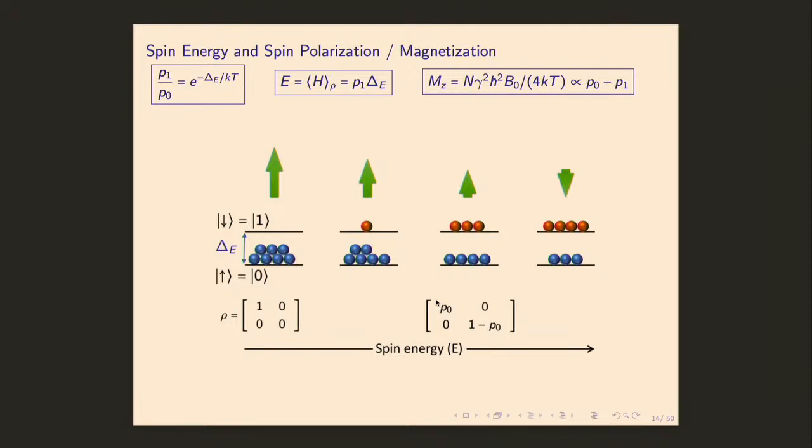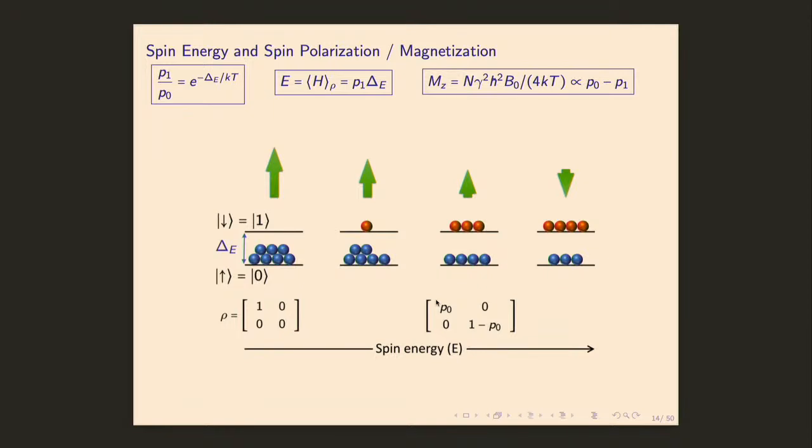We can create more and more excited spins, but at one point the excited population is more than the ground state population. At this point, if it can hold this state for a long time, then whenever we want, we can let the extra spins come down and emit energy, right? So that's a quantum battery. If it can store that state for a long time, then it's a quantum battery.